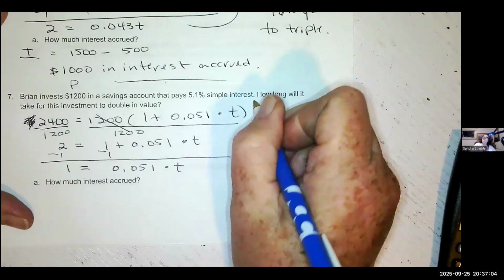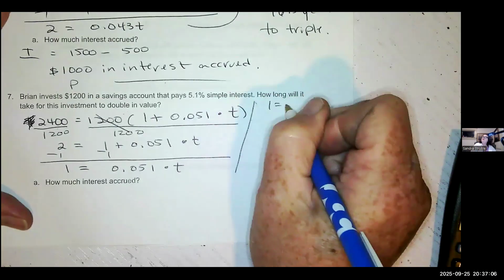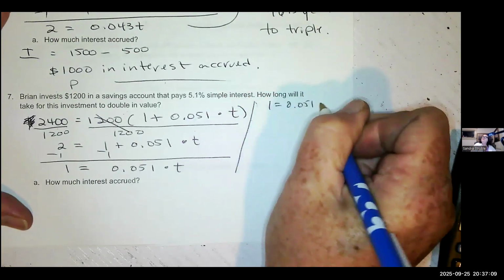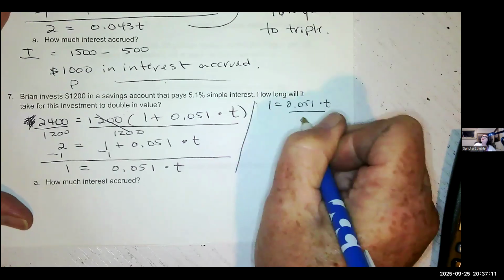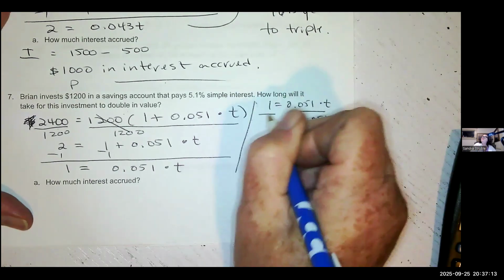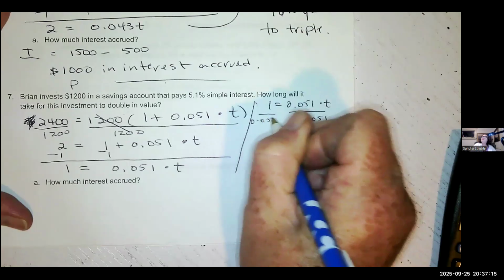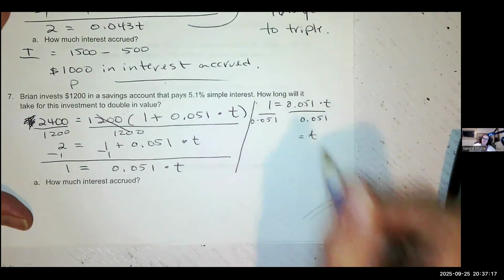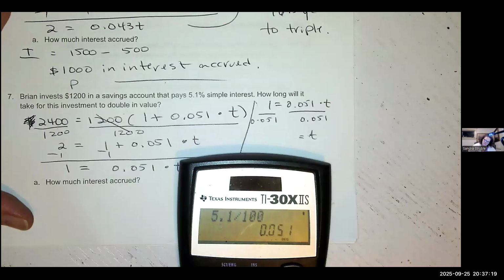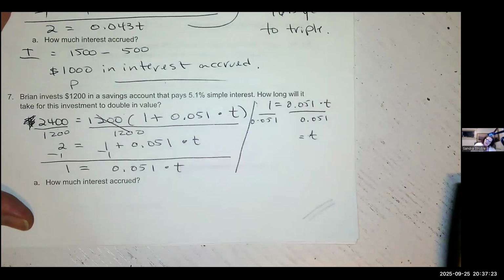Now, I'm going to come up here. 1 is equal to 0.051 times T. Divide both sides by 0.051. And I get T is equal to 19.6.